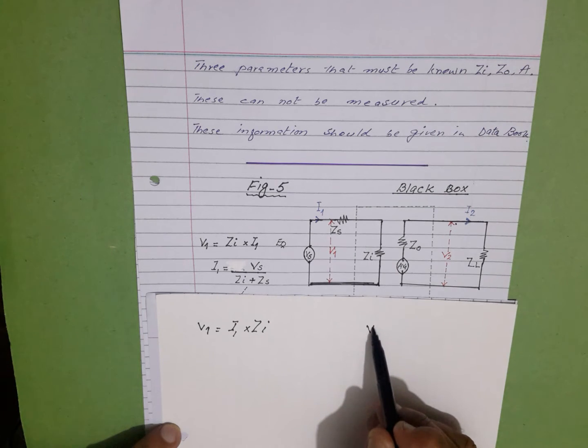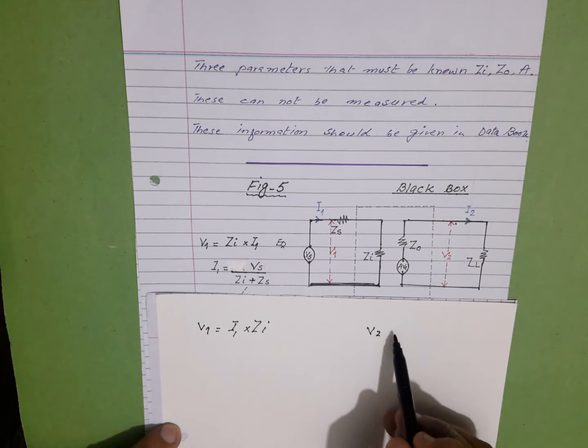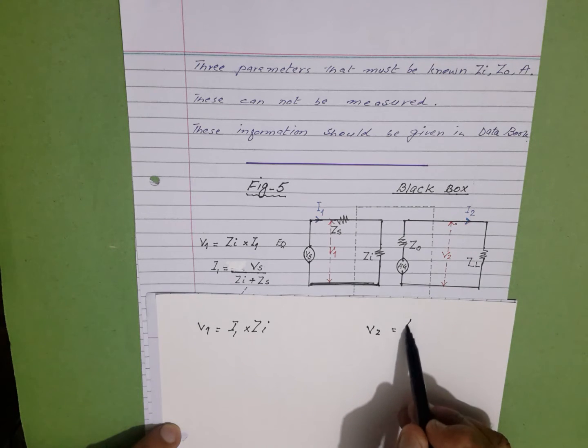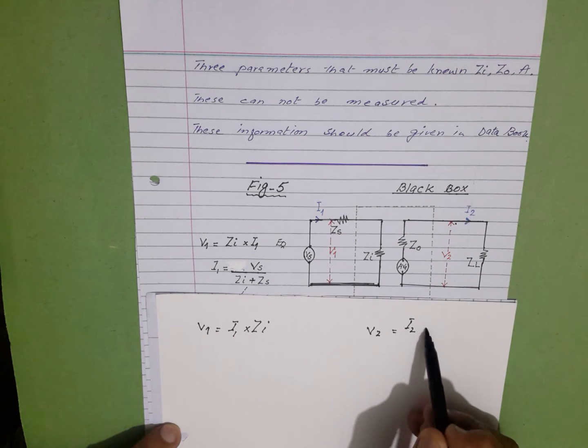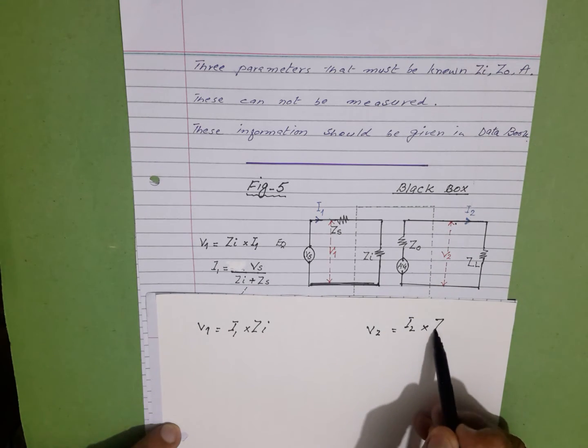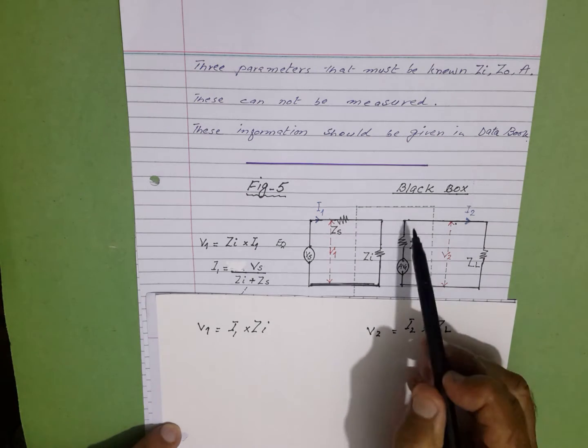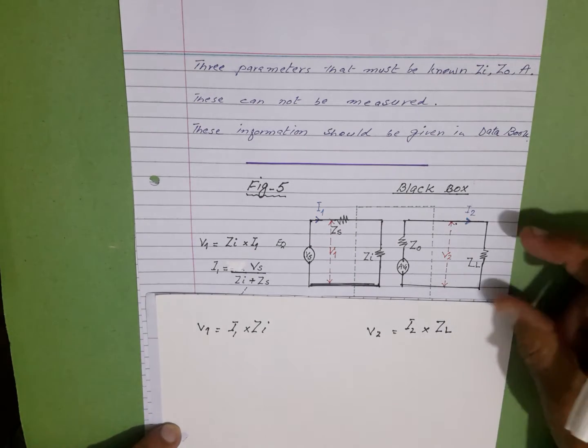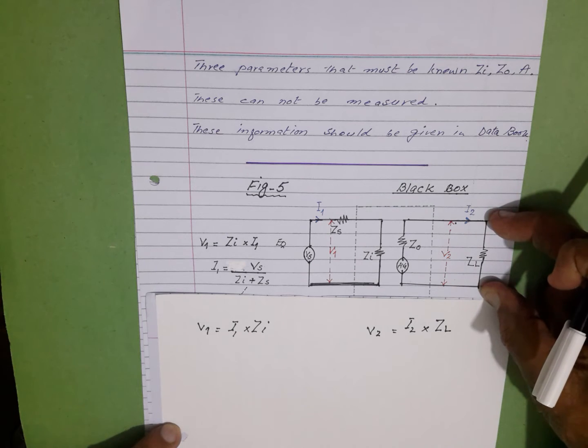V2 is equal to I2 flowing into ZL. When the current flows through the circuit, there is a voltage here that will be called V0 or V output.